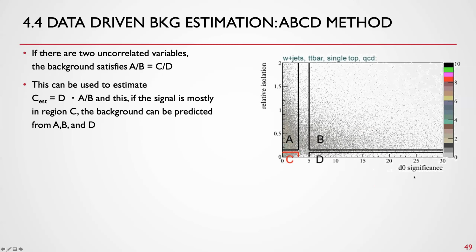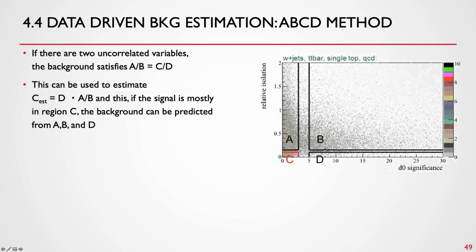The x-axis is essentially a measure of how close a particle's track approaches the primary vertex.